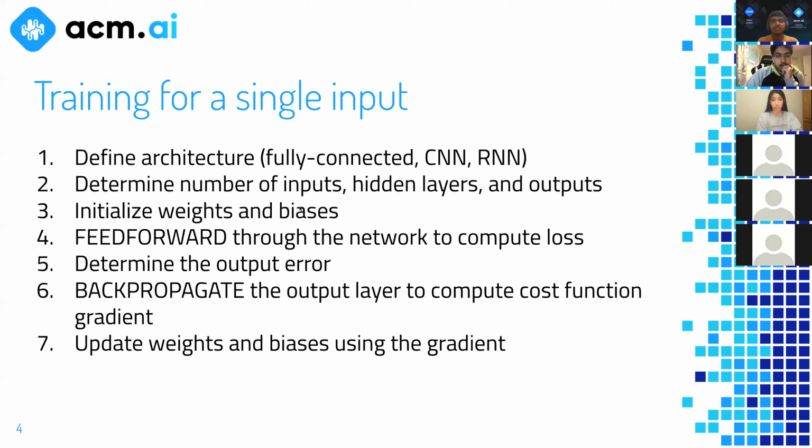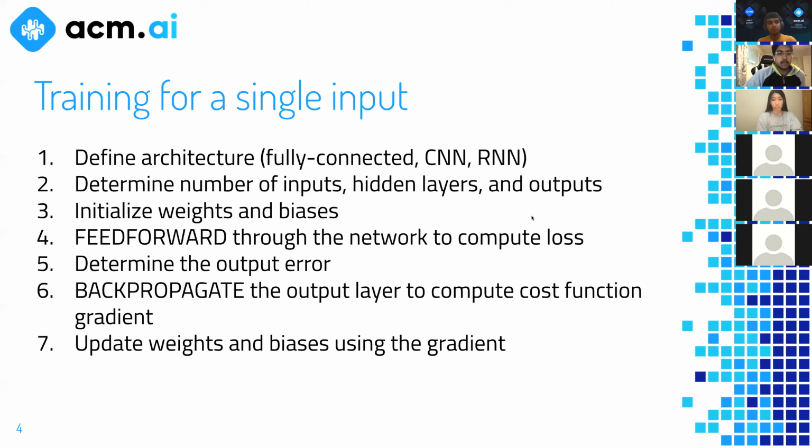So first, here's a blueprint of how this type of network generally trains. Remember, training is how we make the model better over time. First, we define an architecture. In week 2, or last week's recording, it was fully connected networks. Then we determine the number of inputs, hidden layers, and outputs.